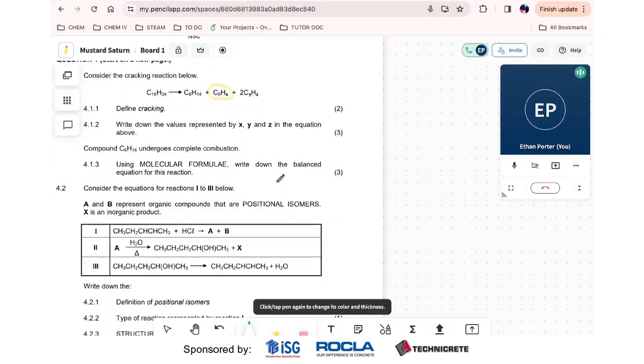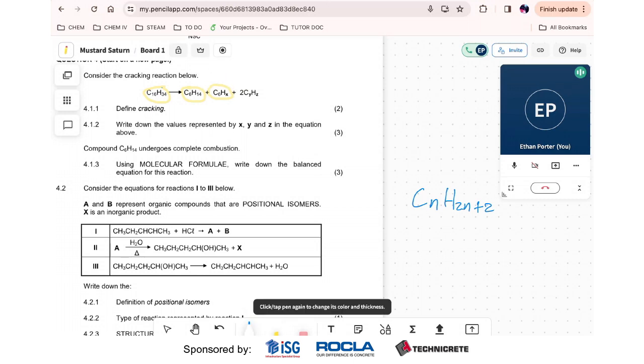We remember that the formula for an alkane is CnH2n+2. Here we had 16; 16 times 2 is 32, plus 2 is 34, so this one is definitely an alkane. And this is also an alkane because 6 times 2 is 12, plus 2 is 14. So we'll just assume this is an alkane.